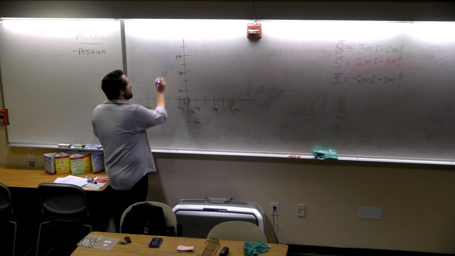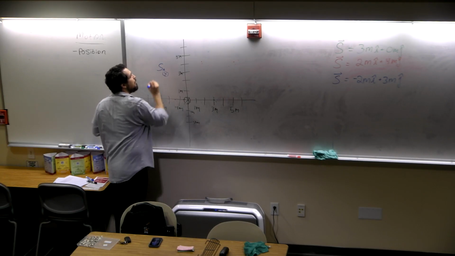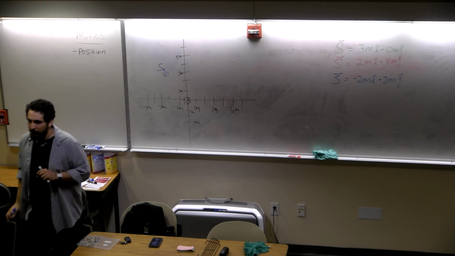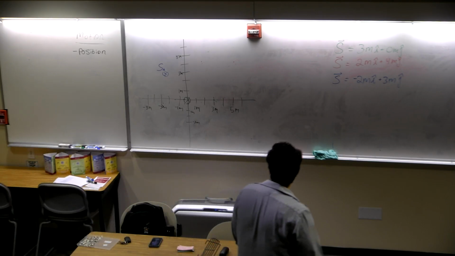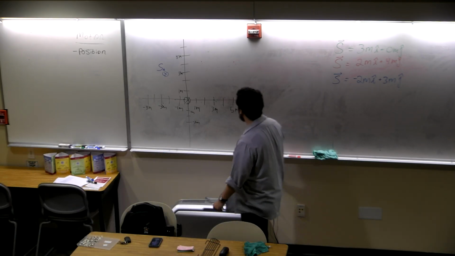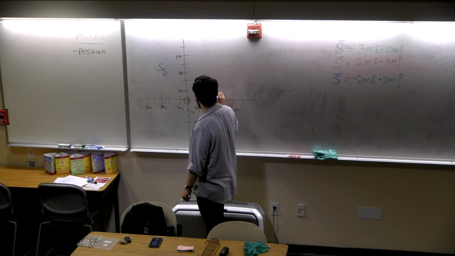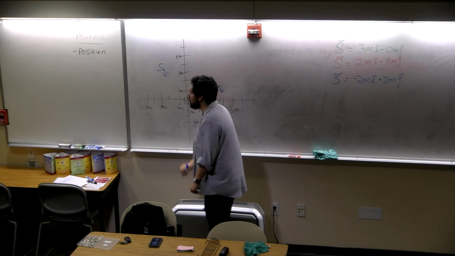Well, the easiest case would be to say that it undergoes some straight path from A to B. Our object starts at A, ends at B. What is the change? Well, the change goes from A to B. We want a way to describe this.